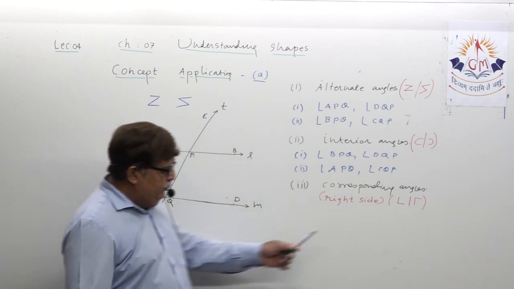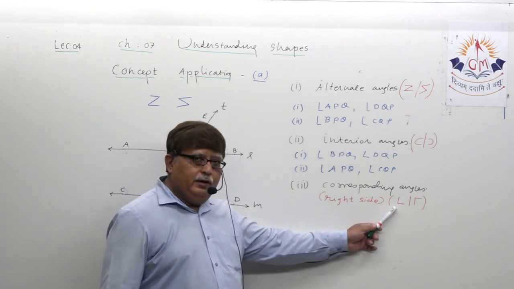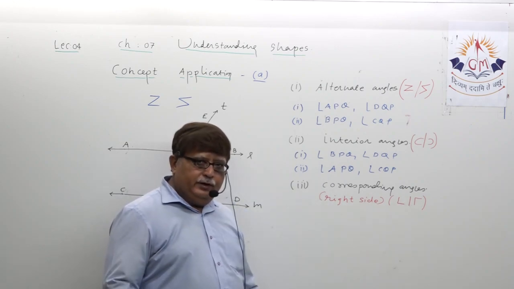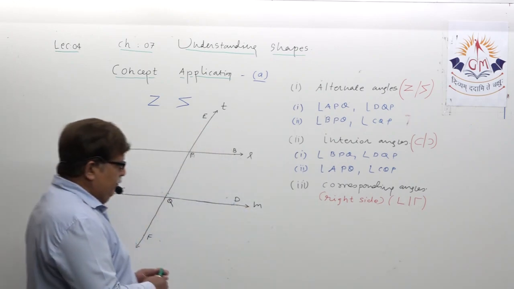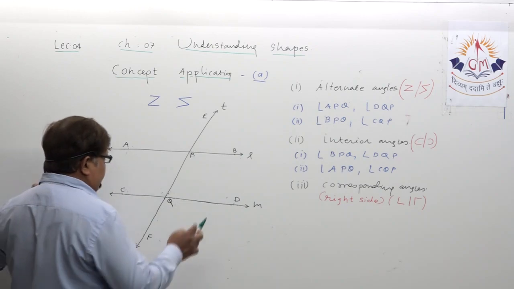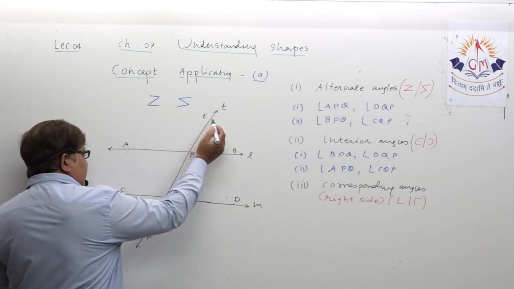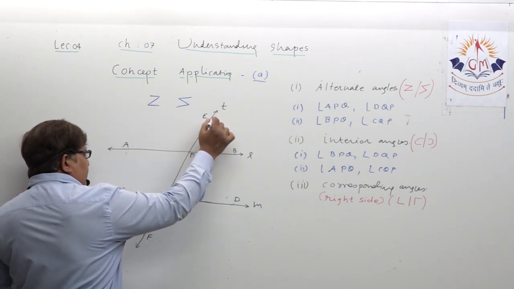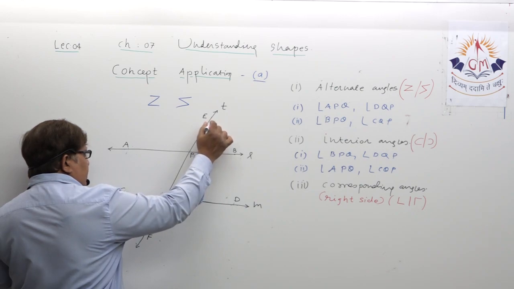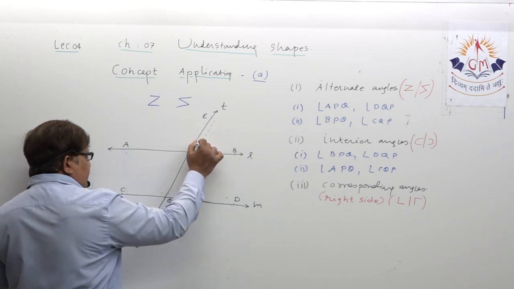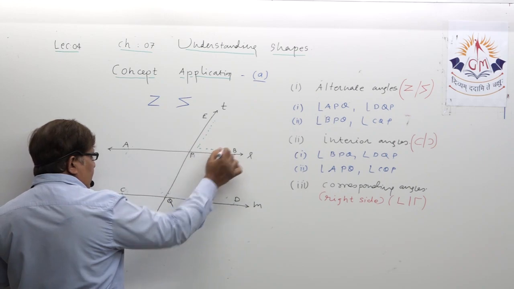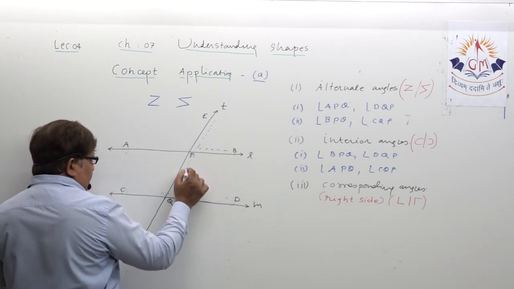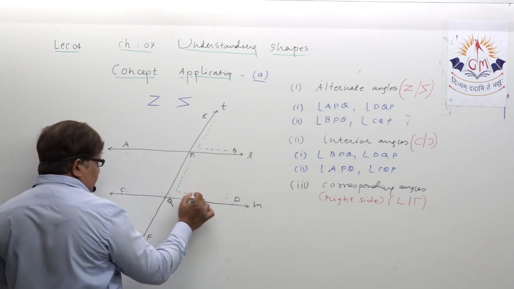What I told you: L and inverted 7. Suppose let us target L, start from here. L shape, see the roll of my pen. First L, and second L.